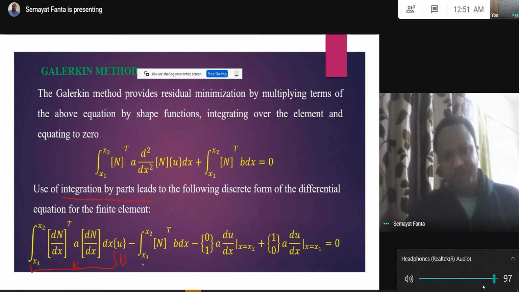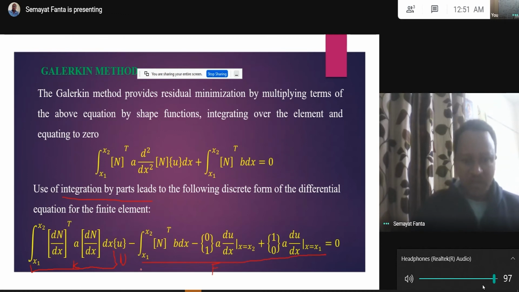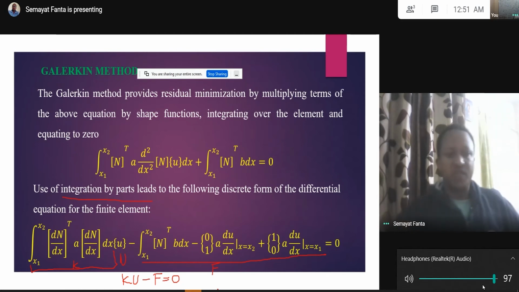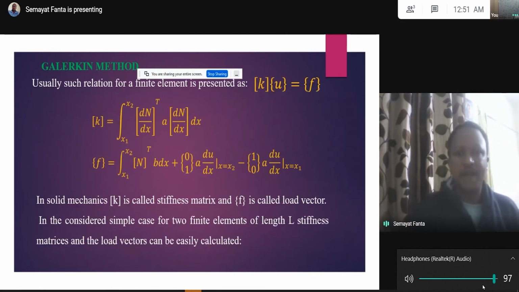And this is the F portion, the force. So it implies Ku minus F is equal to 0. This is the form of the equation. So Ku is equal to F.